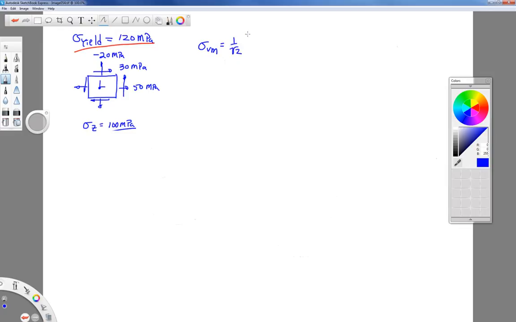It starts off with 1 over the square root of 2, and then we have the differences among all of the normal stresses squared plus 6 times each of the shearing stresses squared.